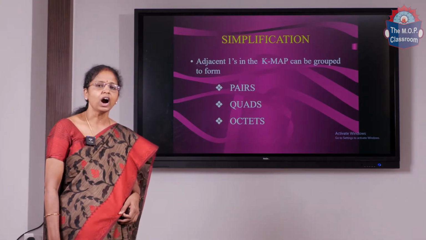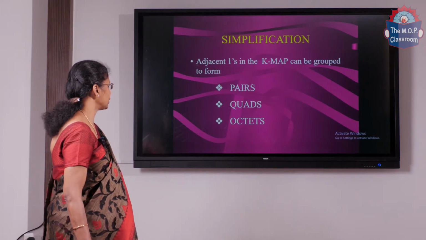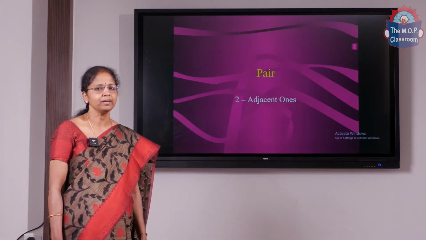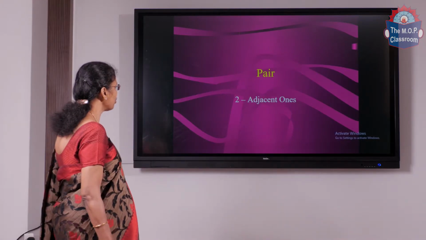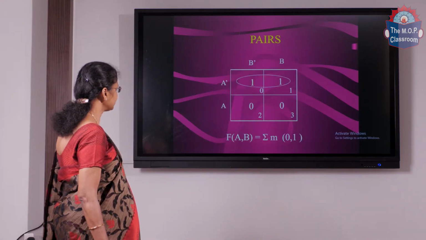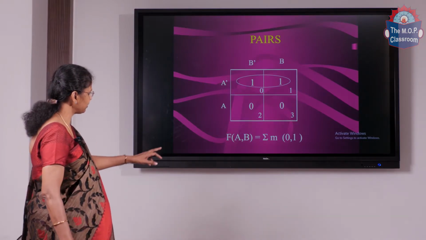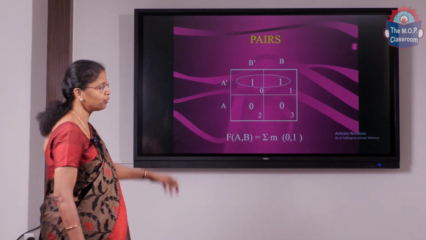Now, we will see how to form these groups in the K-map. Let us first take a pair: how to form a pair with 2 adjacent ones. Let us take the same example which we have already done. This is a Boolean function for which we saw how to fill the K-map.